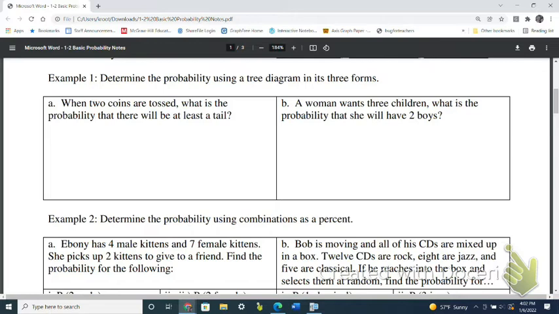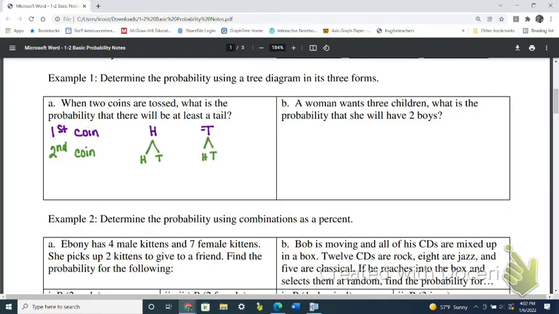When I draw my tree diagram, we have my first coin, and with your first coin, you can either get a head or a tail. And then I have my second coin, and that coin can either be a head or a tail.